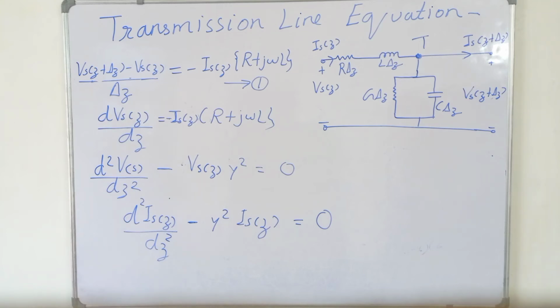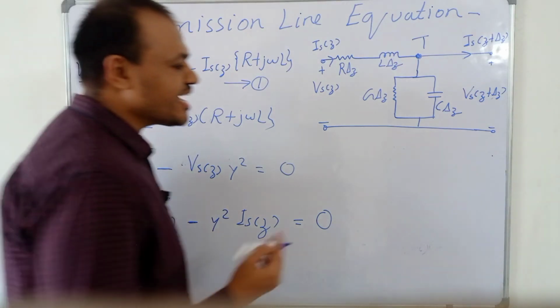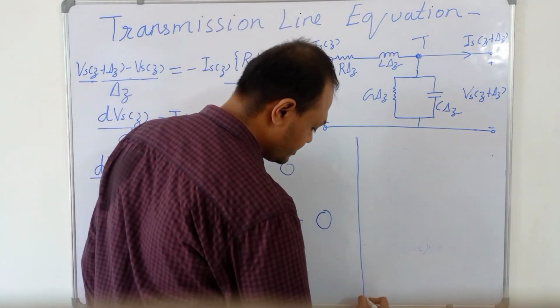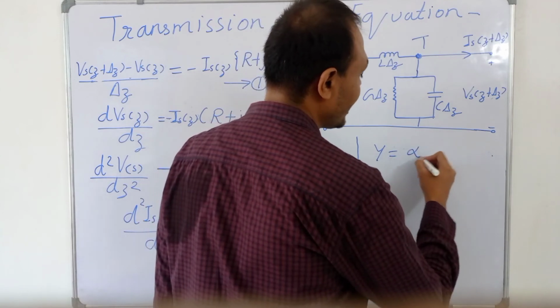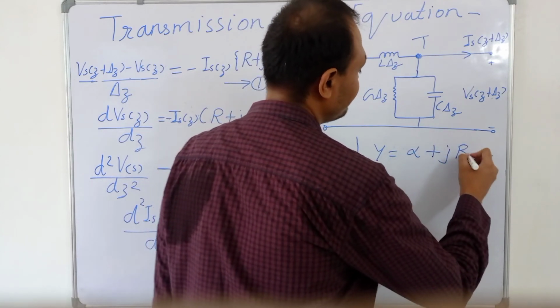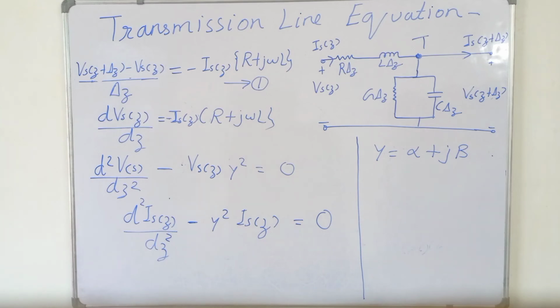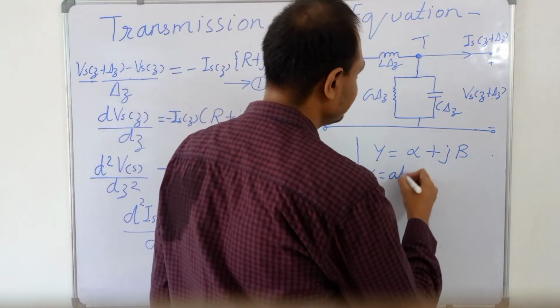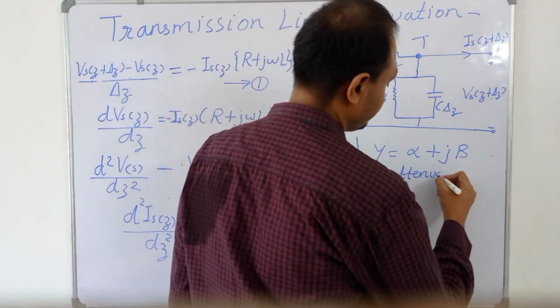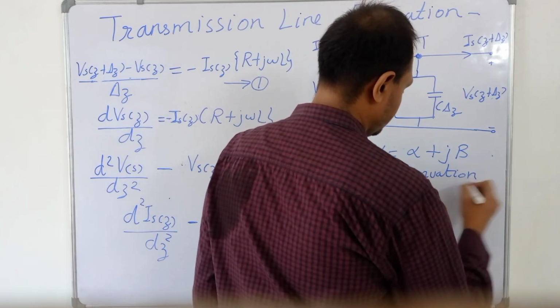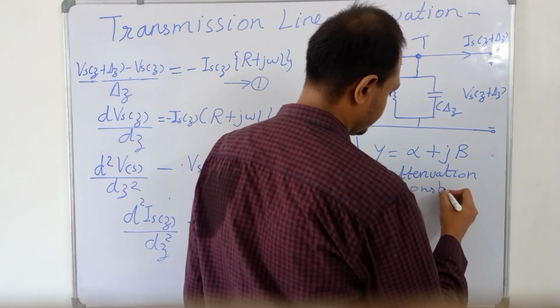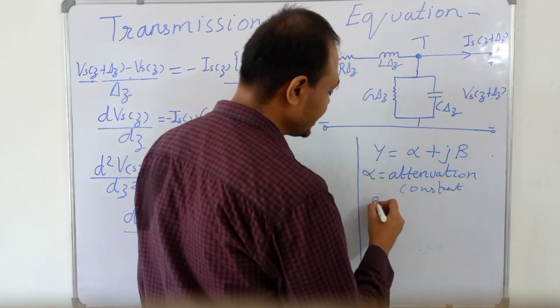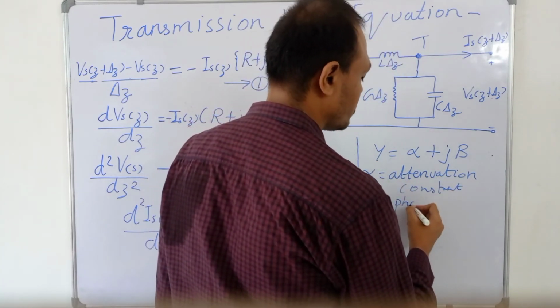Its value is equal to under root of (R plus j omega L)(G plus j omega C), and gamma is also equal to alpha plus j beta, where alpha is the attenuation constant and beta is the phase constant.